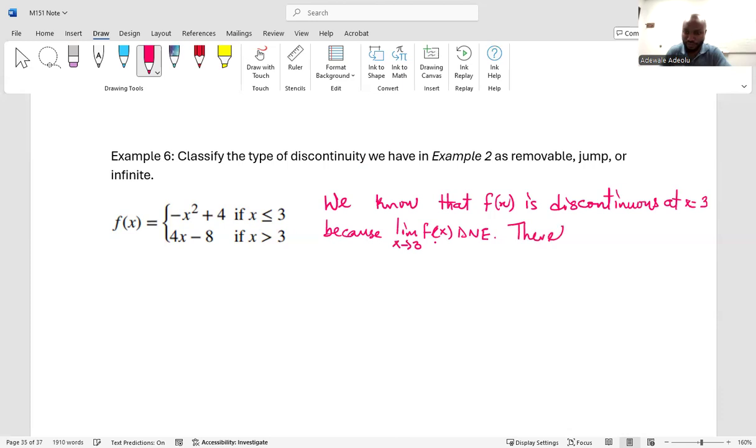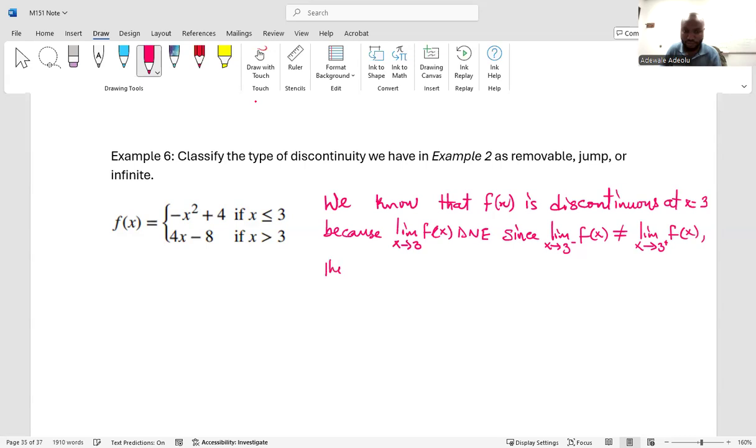Therefore, I will say some things before I conclude, because we need to be careful. So let us say the limit does not exist since the limit as x goes to 3 from the left is not the same as the limit as x goes to 3 from the right of f of x.